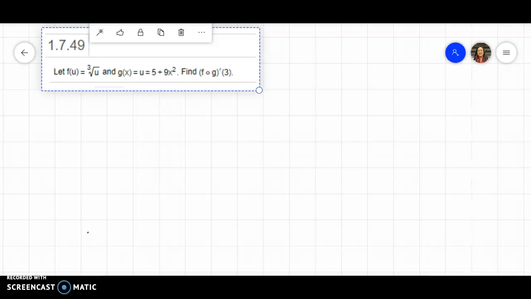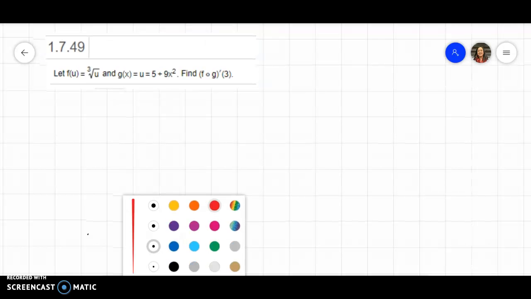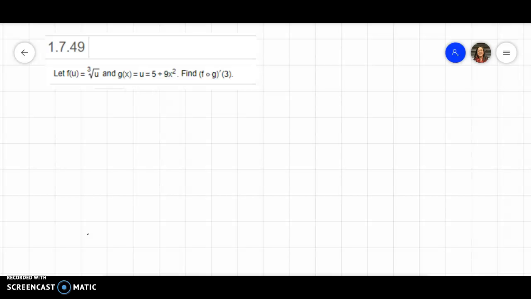So what we have here is that my math lab is asking that we find the derivative of f of g of 3, or find that value. So what that is asking me to do is to take this g function, substitute it into that f function, find the derivative, and then we're going to substitute 3 in there.